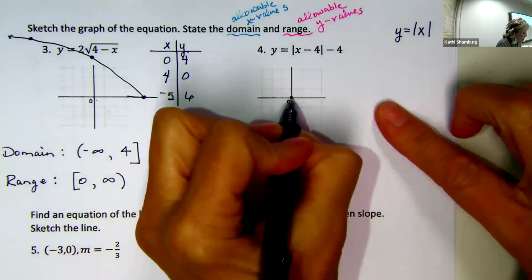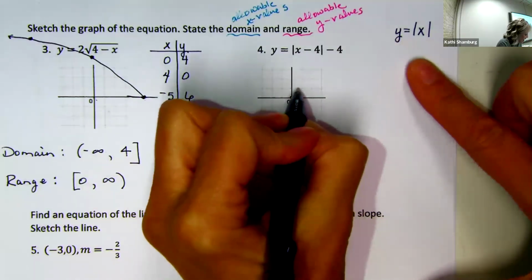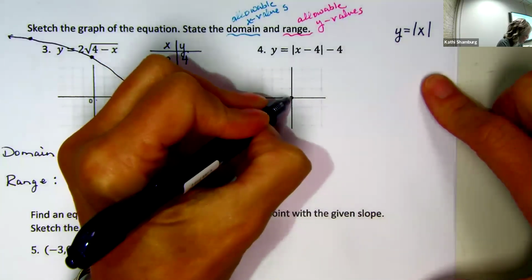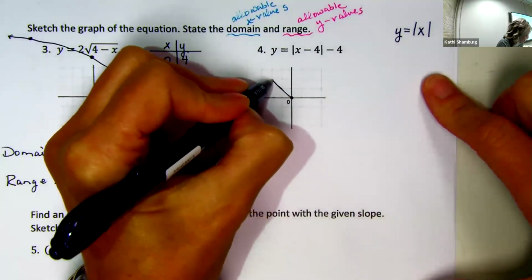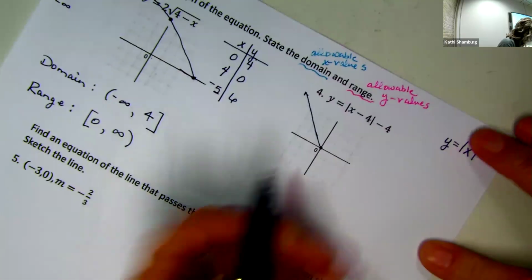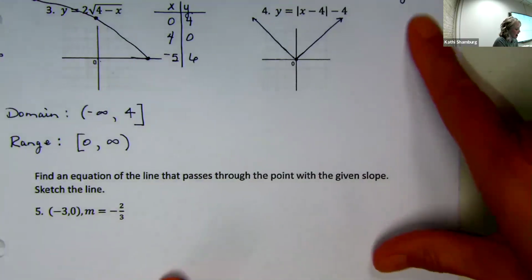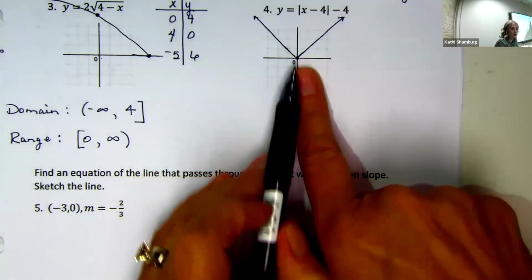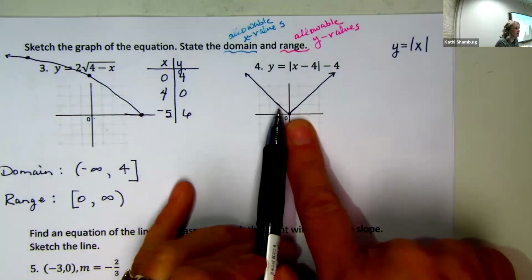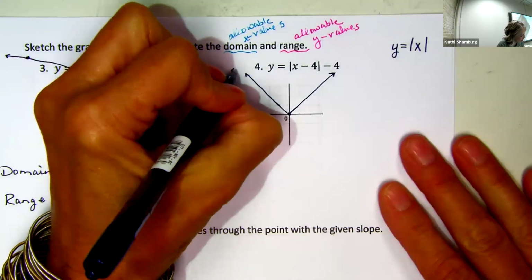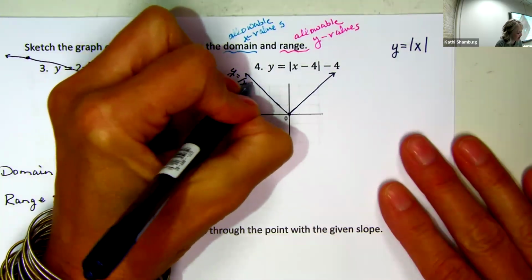And if x is 1, y is 1. So 1, 1. So it's going to look like a V. This is the parent. This is the graph of y equals the absolute value of x.